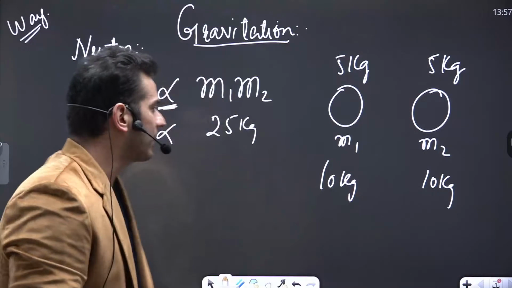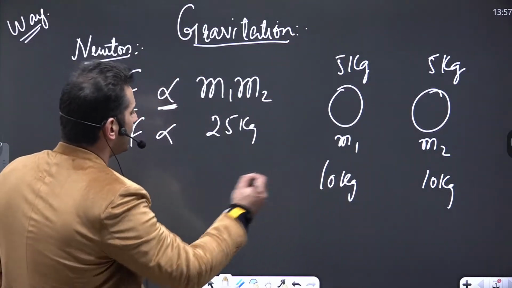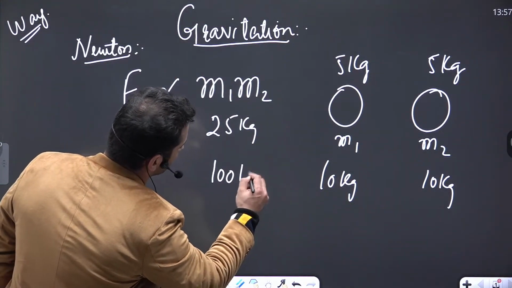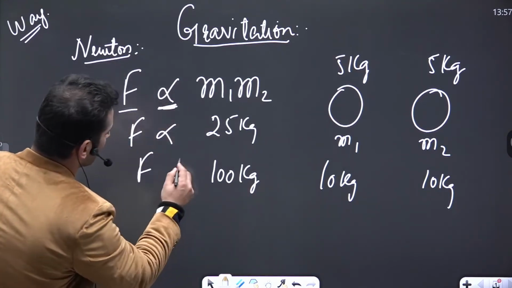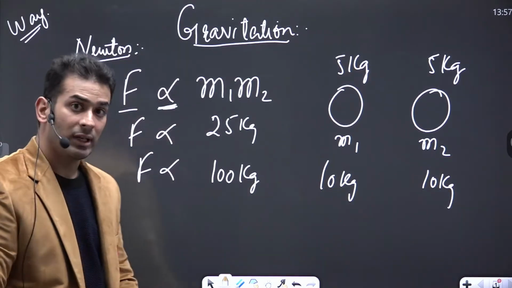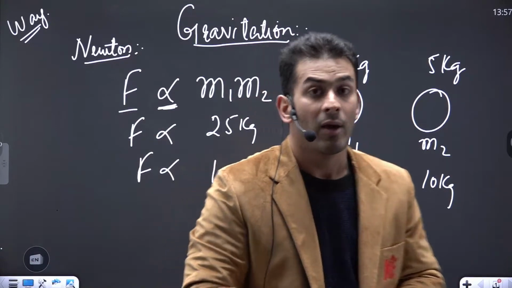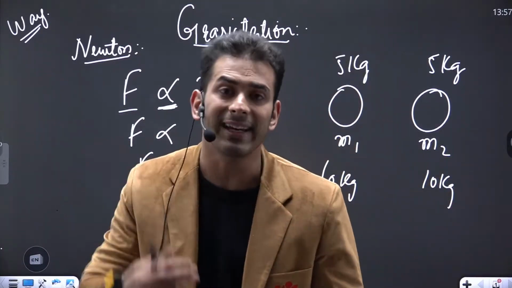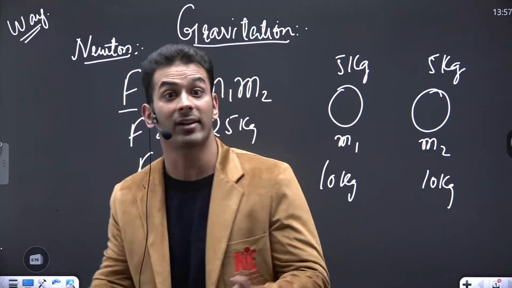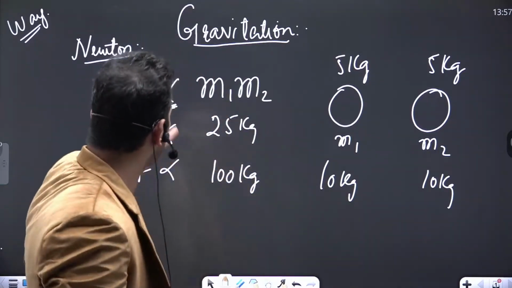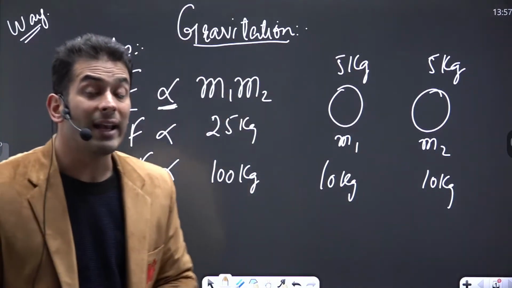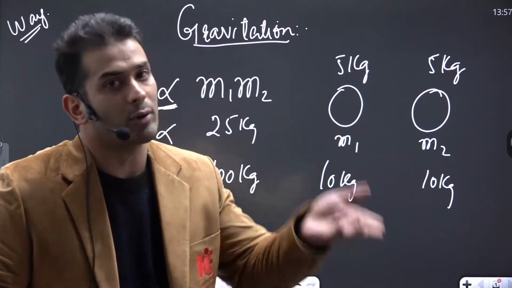When we take the product of their masses, 10 into 10, that is 100. The force is also increasing. Now the force is proportional to 100. When you are increasing the mass, the force is getting increased. That's the meaning of directly proportional.